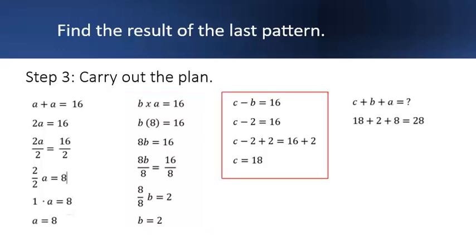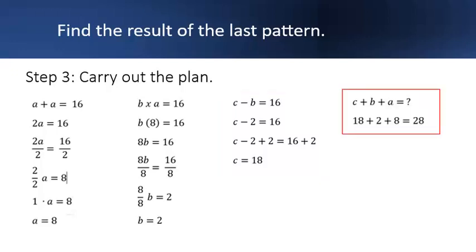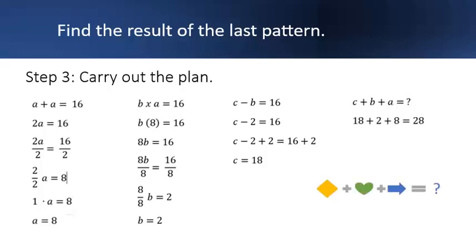For the third equation, C minus B equals 16, we substitute the value of B, which is 2, and will give us a value for C equals 18. Finally, for the last pattern represented by the equation C plus B plus A, substituting values of C, B, and A will yield 28. Hence, the pattern diamond plus heart plus arrow equals 28.